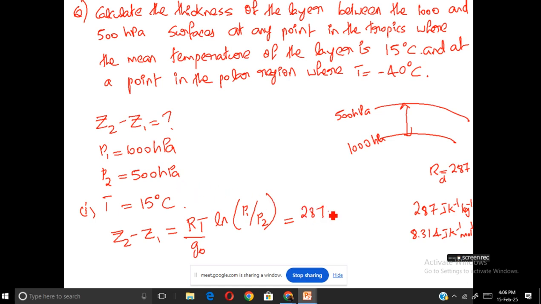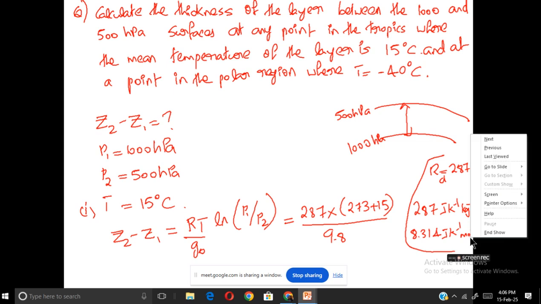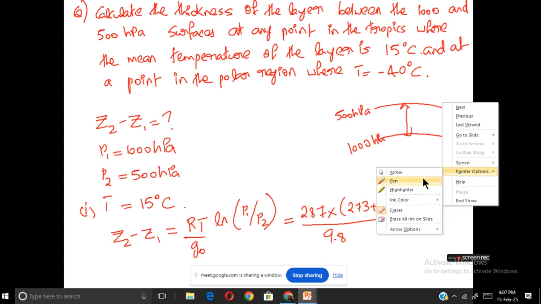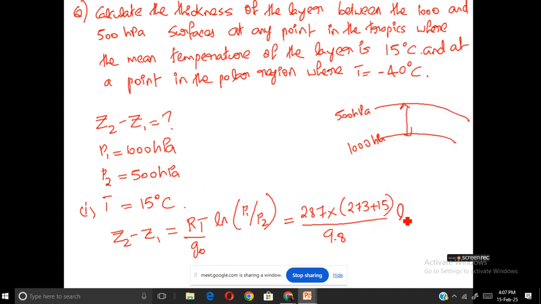So R is 287 into temperature 15. We have to convert it into Kelvin: 273 plus 15, divided by G0, which is 9.8, into log of P1 by P2, which is 1000 by 500, or basically log 2.